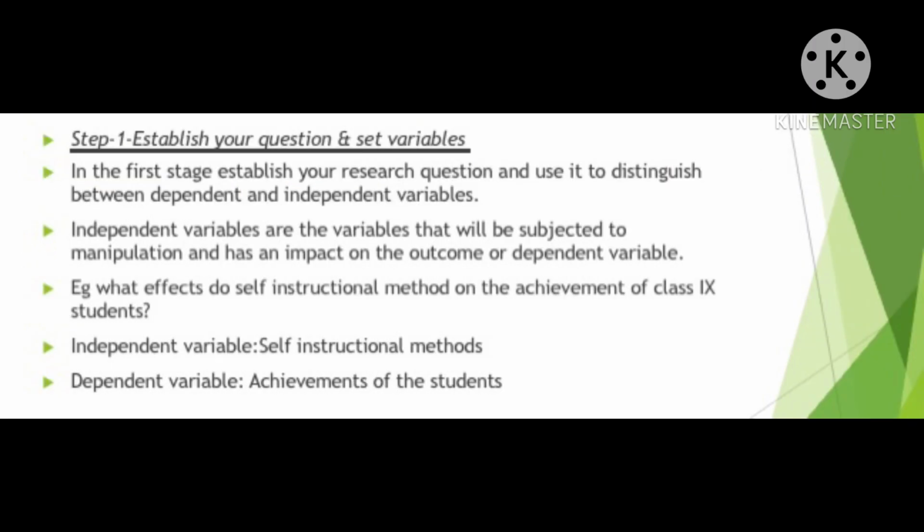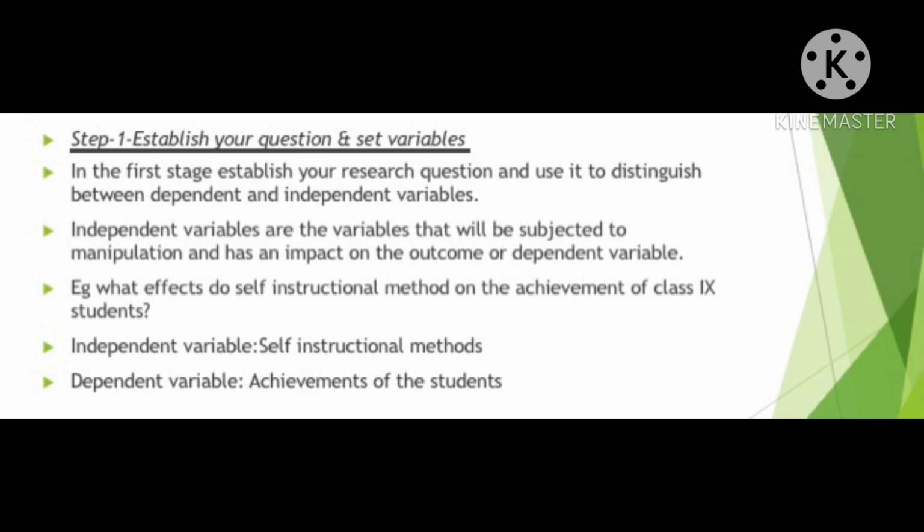Now let us see which are the few steps that a researcher has to follow systematically while conducting an experimental research study. In first step, he has to establish his research question and he has to set his variables. Which are the variables? Independent variables and dependent variable.